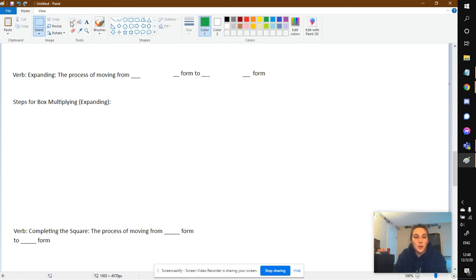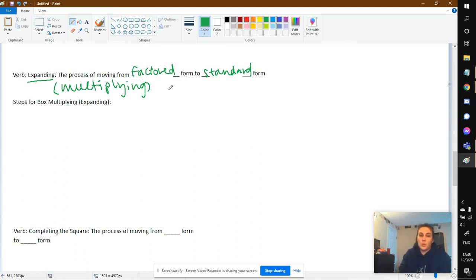The process of moving from factored form to standard form is called expanding, or honestly, just multiplying. So this is when we start with something like this, and we end looking like this.